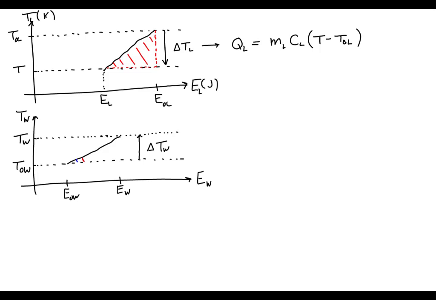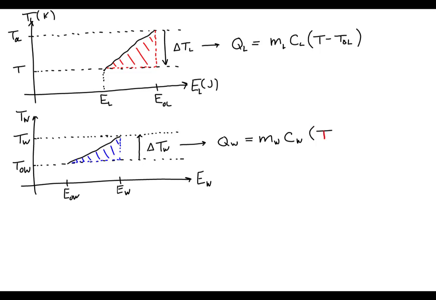Since the water is already in liquid form and we're assuming that it is not going to go into gaseous form, there's not going to be any phase changes. I know that this positive temperature change means that the water is going to exchange heat with the environment given by the mass of the water, the specific heat of the water, and the temperature change of the water.